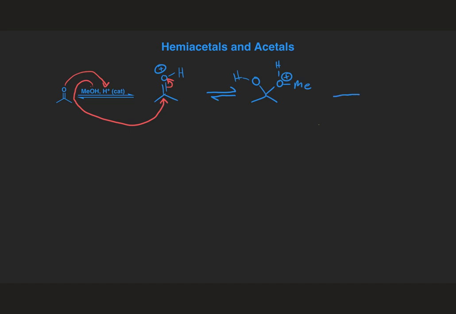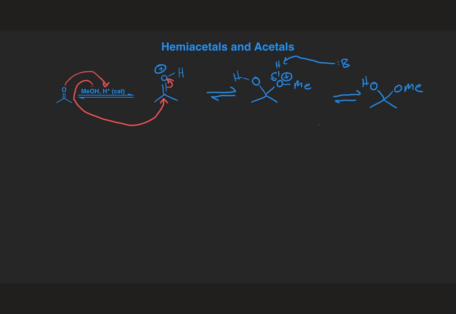We started with H plus as my source of acid, and so probably whatever the counter ion with that H plus would come in, but I'm just going to use a generic base here. Would come in and pluck that proton off to give this compound here.